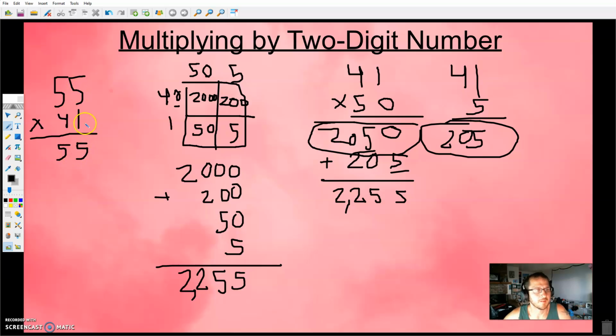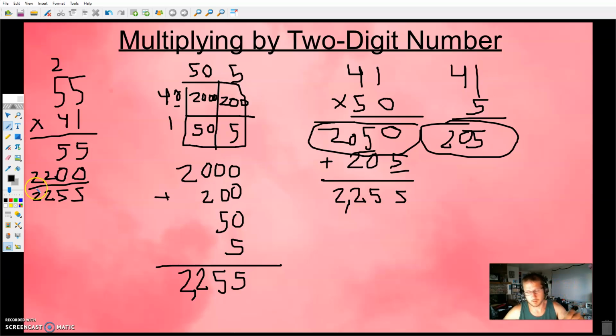I'm then going to do 5 times 4 is 20. So remember, it's 5 times 40. I need my 0 for multiplying by the power of 10. 0, carry the 2. And then 5 times 4 is 20, plus 2 is 22. And that's 5, 5, 2, 2.